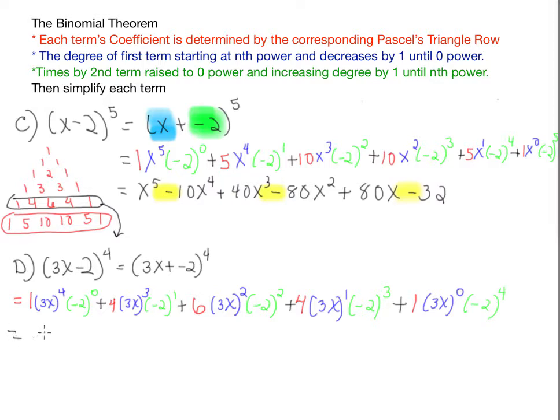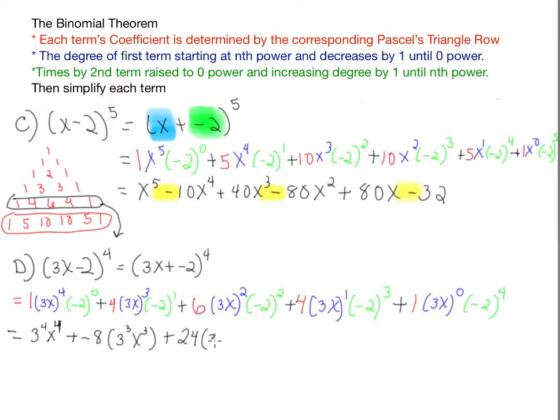Last but not least, it's time to simplify. So we have to distribute that power of 4 to both of the bases, the 3 and the x. So I write that as 3 to the 4th degree times x to the 4th degree. And then plus, distribute, we have 4 times a negative 2, which is negative 8. Distribute the 3. 6 times 4 will give us 24.